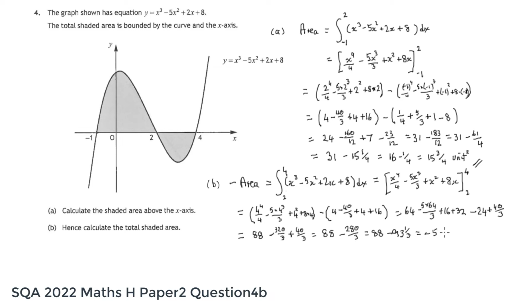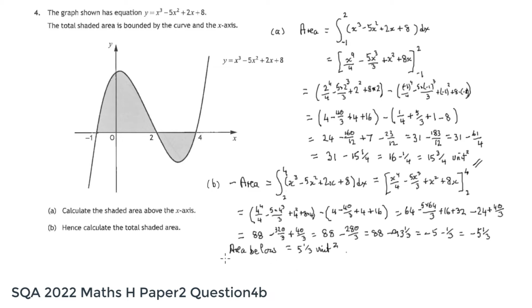And then we've still to take away 1/3. And this gives us negative 5 1/3. And we said that was the negative of the area. So the area below will equal 5 1/3 units squared.